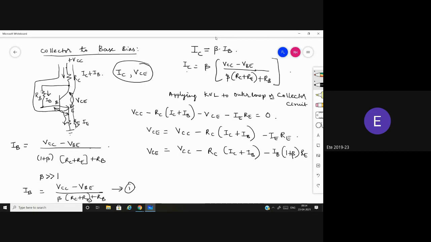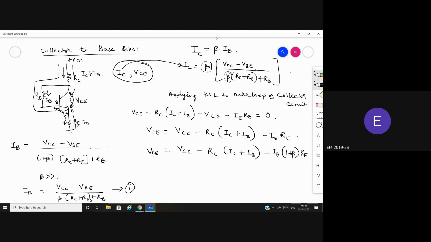These are the two parameters on which the Q point is going to depend. But look into the equation we have obtained, IC. IC is dependent upon the beta values. Here also we have beta, here also we have beta. So it depends upon the beta factor.